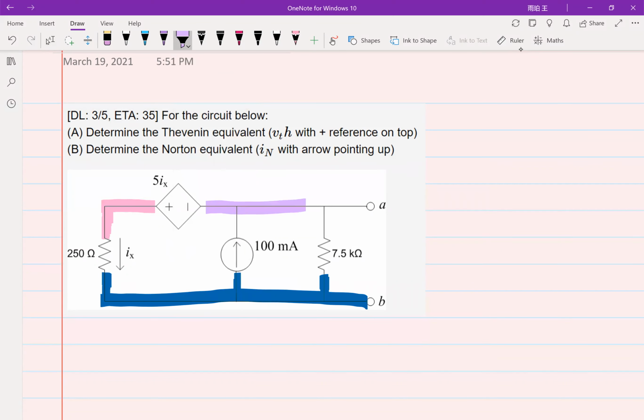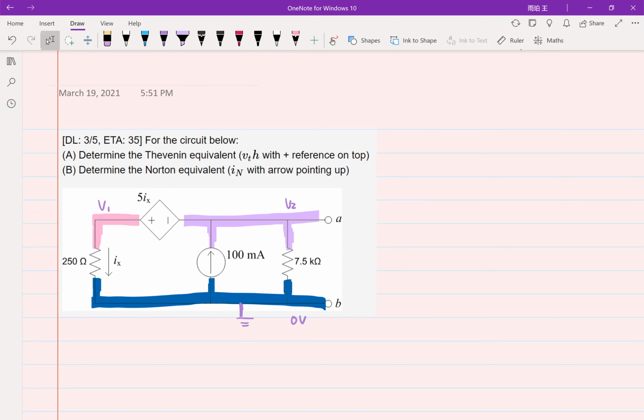Okay, the first thing I noticed is that there is a voltage source between V1 and V2, and neither of them is a ground node. That's probably my mistake, since I labeled the one on the bottom as the ground node; it would probably be easier to label the one on the right as the ground node, but who cares?